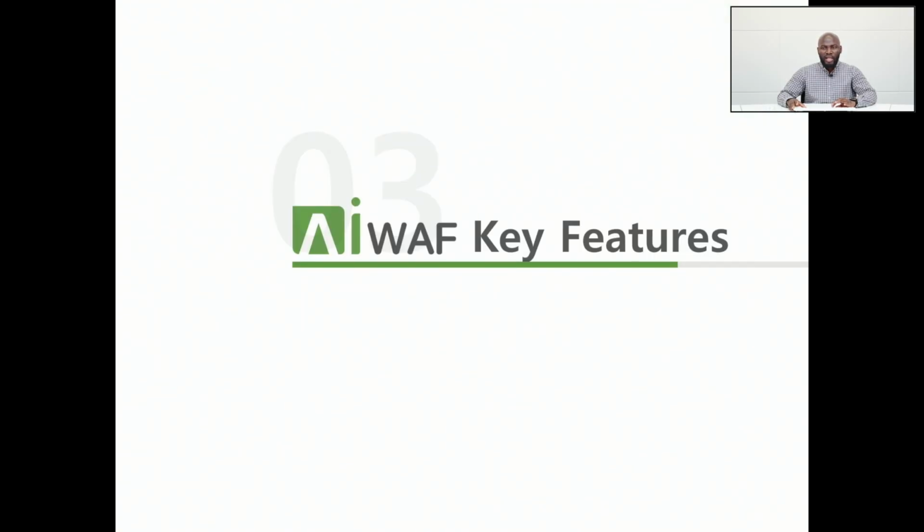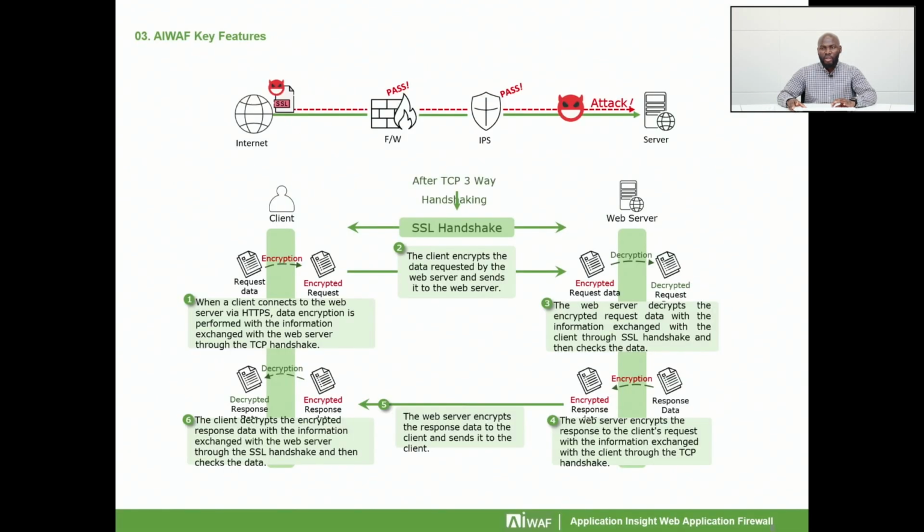Now let's take a look at the features of the AI WAF. Before I proceed, I want to paint a picture of traffic stream in a web request and response communication. Traditionally, after a successful TCP 3-way handshake, you have a client encrypting data or traffic and sending it through to the web server.